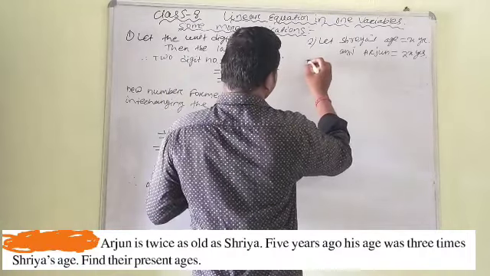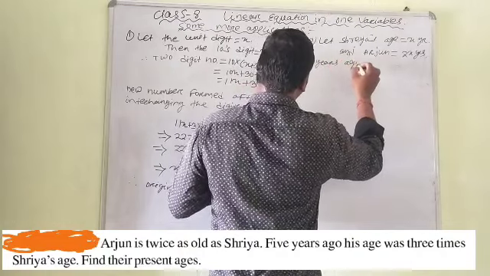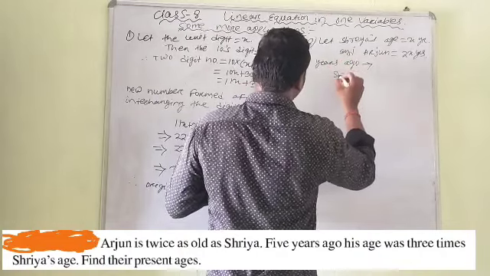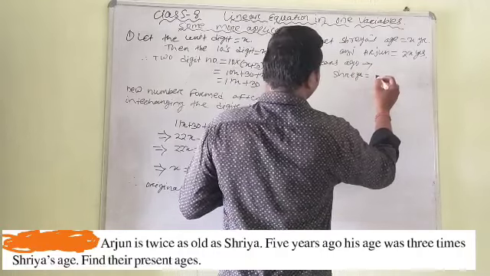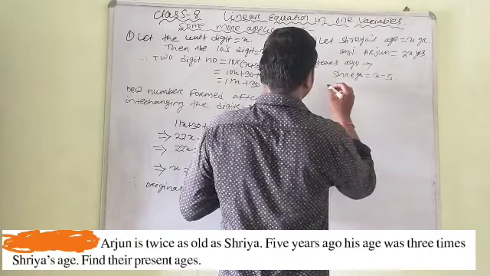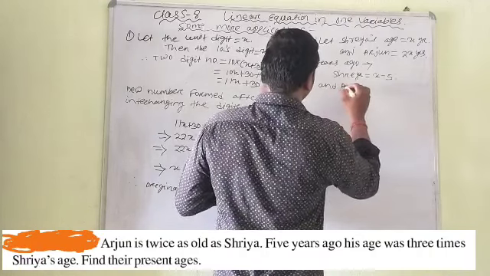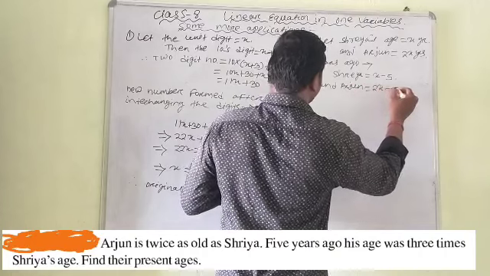So we'll write 5 years ago Shreya will be x minus 5 and Arjun will be 2x minus 5.